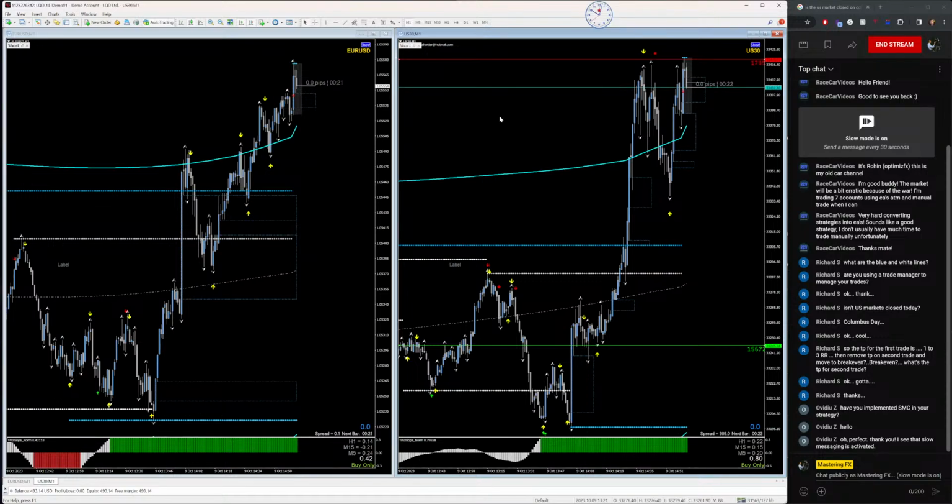Yeah, so this new strategy that I came up with, I call it the best of both worlds. It incorporates my theory that I developed for myself, and also ICT different concepts.